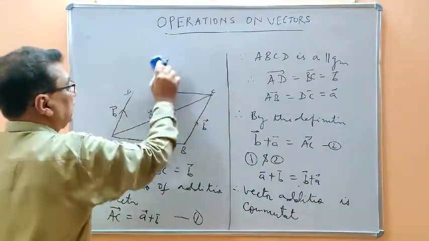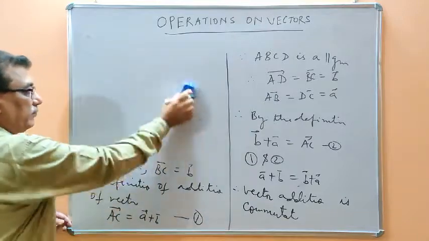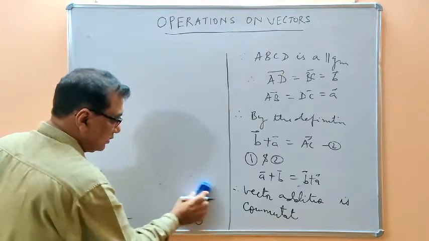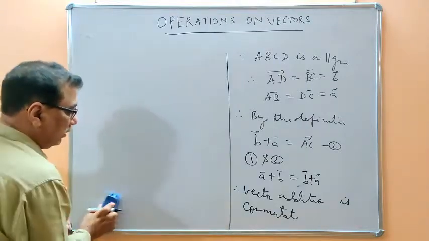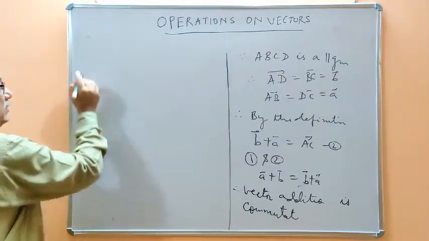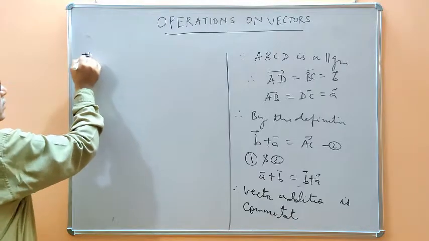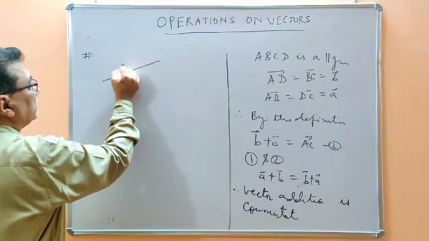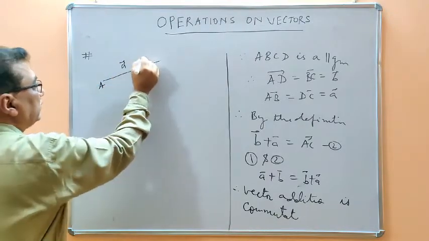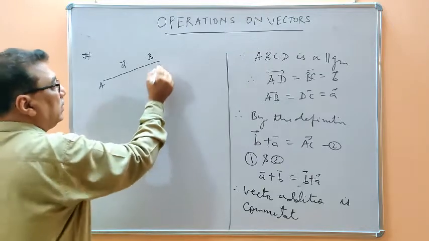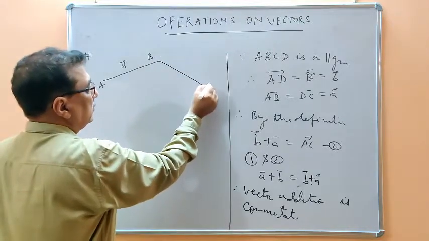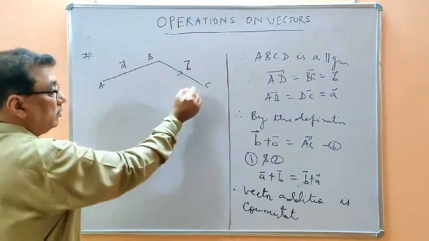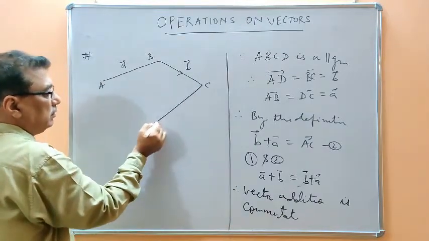Now second. Again I will create one situation, and we'll see how the sum of vectors behaves. This time we are going to take three vectors. Suppose one vector is AB, then the second vector is BC, and the third vector is CD.